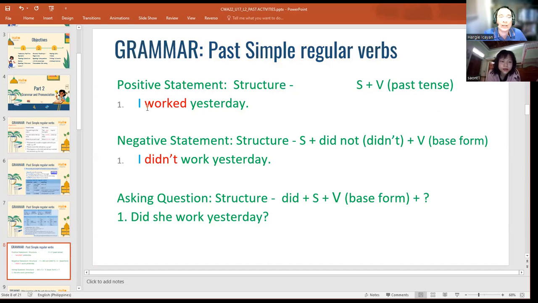For example, our subject would be I, followed by worked, so we need to use the past tense, which is worked. And there would be signal words like yesterday, the other day, last time, last week, last Sunday, last year, last night. Those would be the signal words.